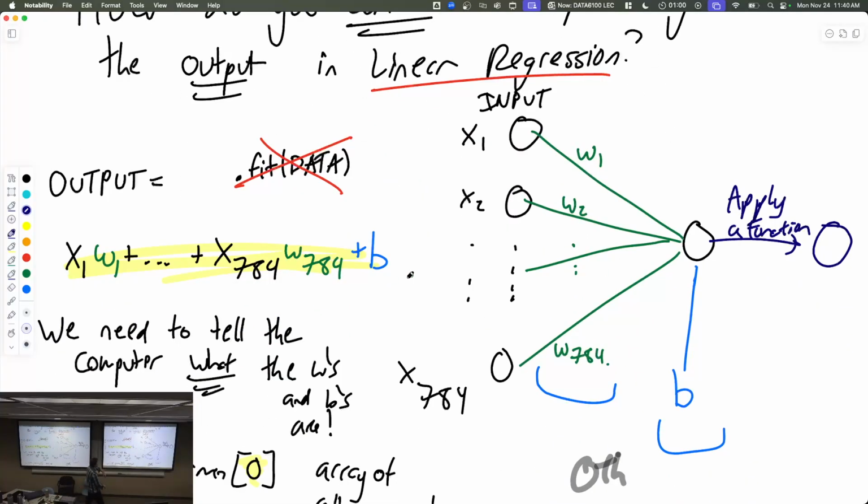So we were combining the x's, which are kind of the values of these circles. These circles are called neurons sometimes. So we start the input with the values of every pixel. We multiply by these edge weights, which we call W in green. And we did x1 times W1 plus x2 times W2, all the way to x784 times W784. They get added together, and that was the output. That's what linear regression is.